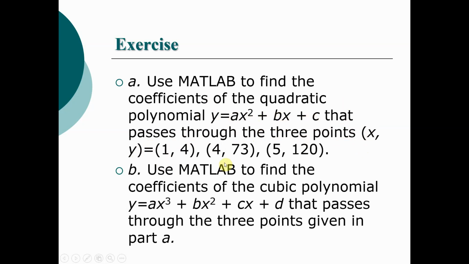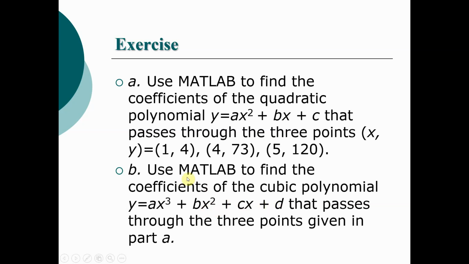That's one equation. The other equation would tell you that 73 equals a times 16 plus b times 4 plus c. And you can find the last equation as 120 equals a times 25 plus b times 5 plus c. So you have 3 equations, 3 unknowns, and you can solve it to find the values of a, b, and c.